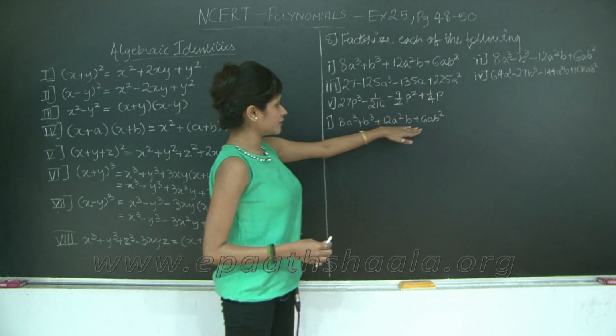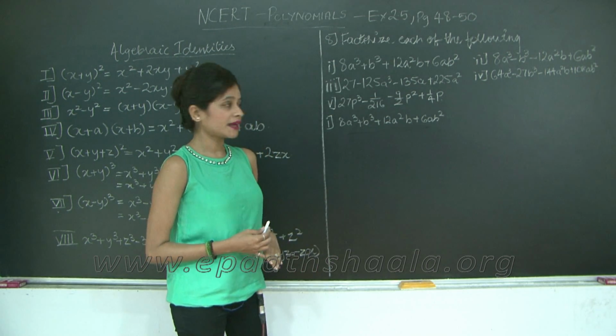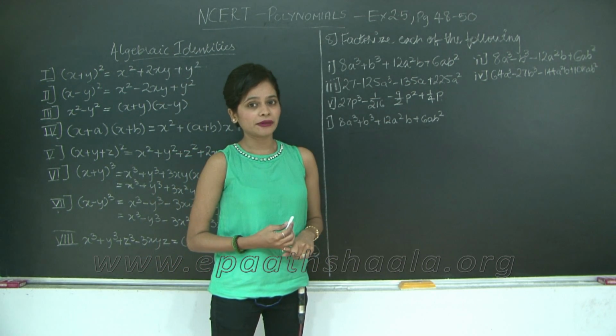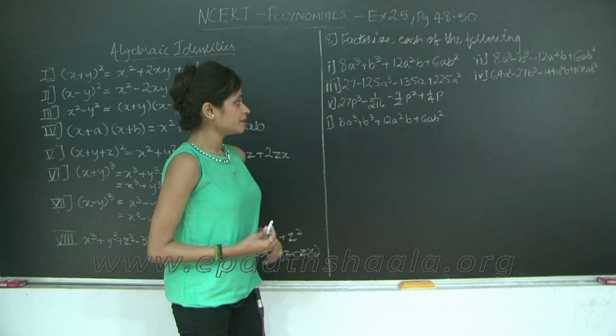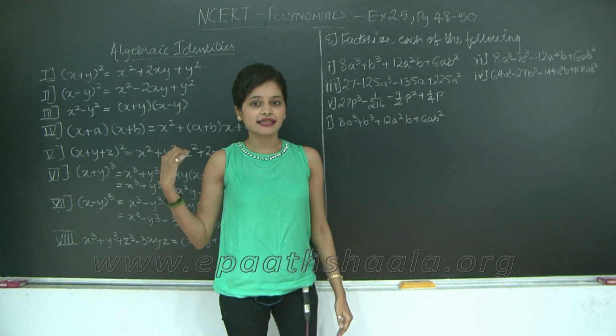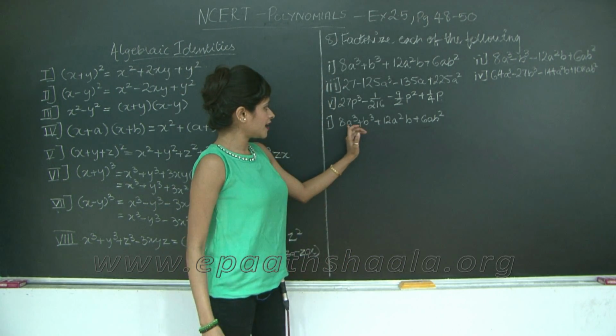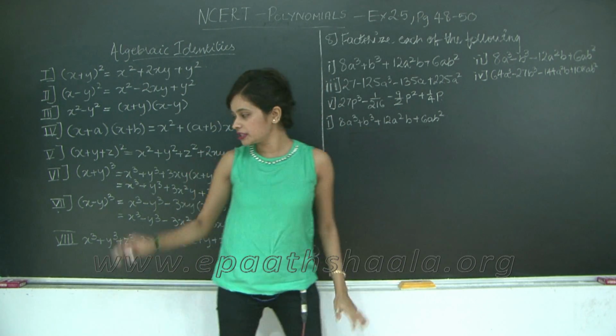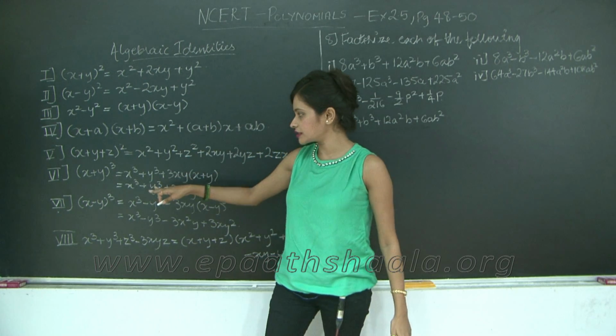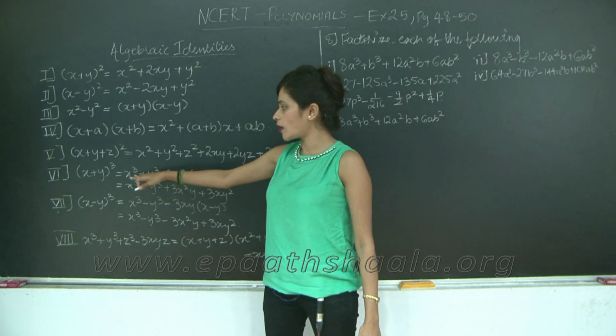So let's take a look at the first sum, which is 8a cube plus b cube plus 12a square b plus 6b square, right? Now we are going to use an identity to factorize it. Looking over here, first of all, we have cube terms here. That means we have to look into the cubic equations. Now let's take a look at x plus y the whole cube.